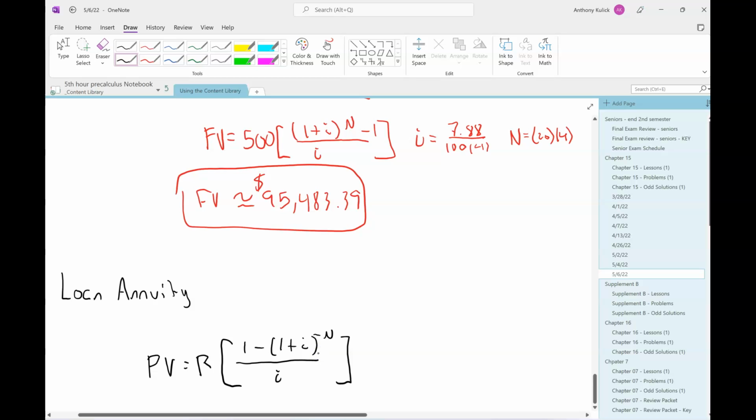You owe some sum of money, so you have some big negative balance, and each time you make a payment, that negative balance gets a little bit closer to zero, right? So the formula, if we have a loan situation, is a little bit different because instead of your value growing, it's going to be decreasing.